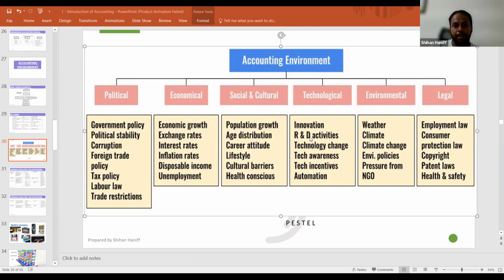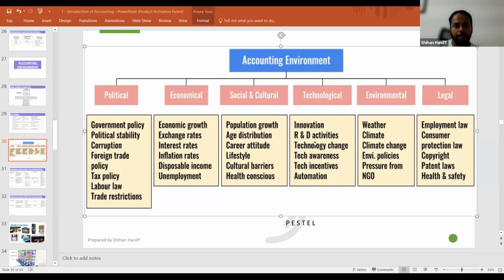Technology, innovation. What is R&D? Can anyone tell? Yes, it's research and development.